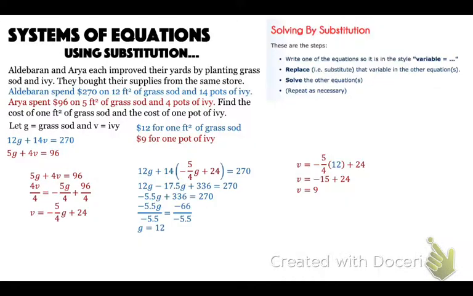Then we did the same thing solving with substitution. We solved that red equation for V, plugged it back into the blue equation, and then solved it, and we got the same answers.